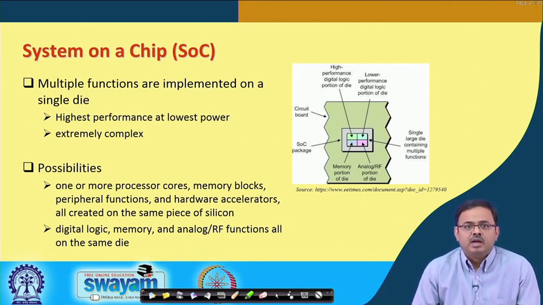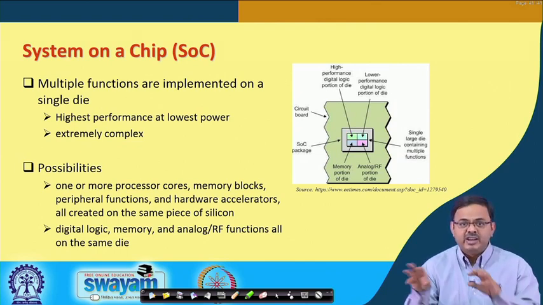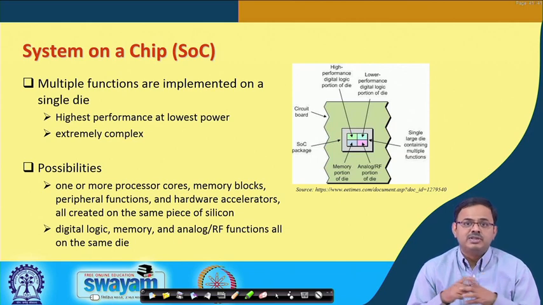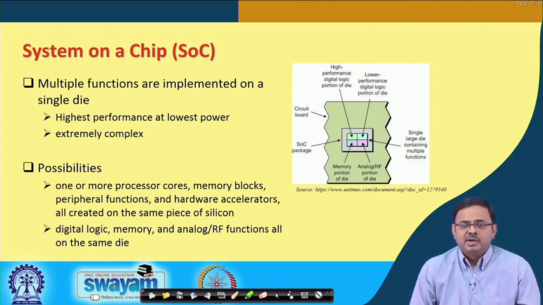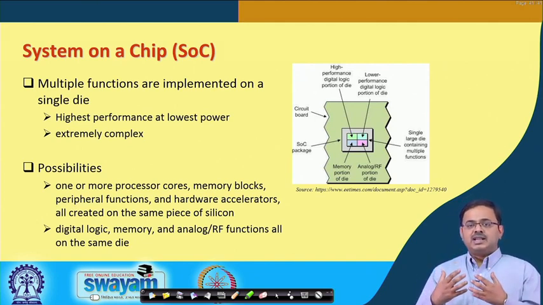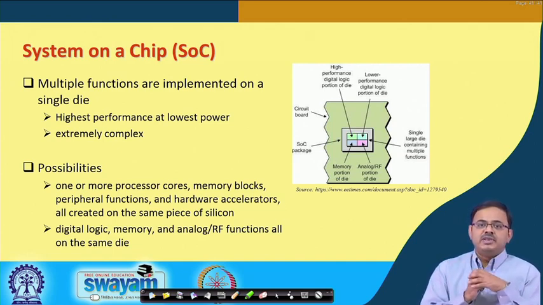Somebody may say digital logic, memory and analog functions all on the same piece of silicon. That is another way. Varied possibilities, but overall, SoC means having multiple functionalities, and many times diverse functionalities, on the same piece of silicon.